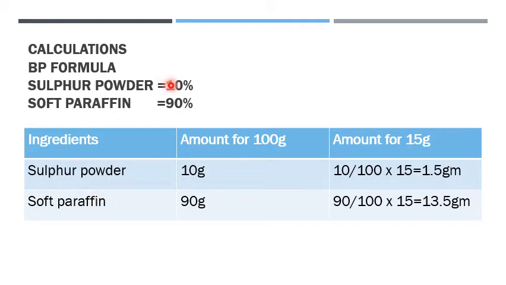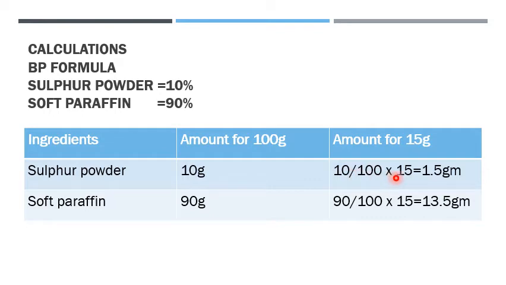Okay? If you are talking about 100%, 1 is 10% and 9 is 90%. So according to this formula, for 100 grams you have to take 10 grams of sulfur powder and 90 grams of soft paraffin.